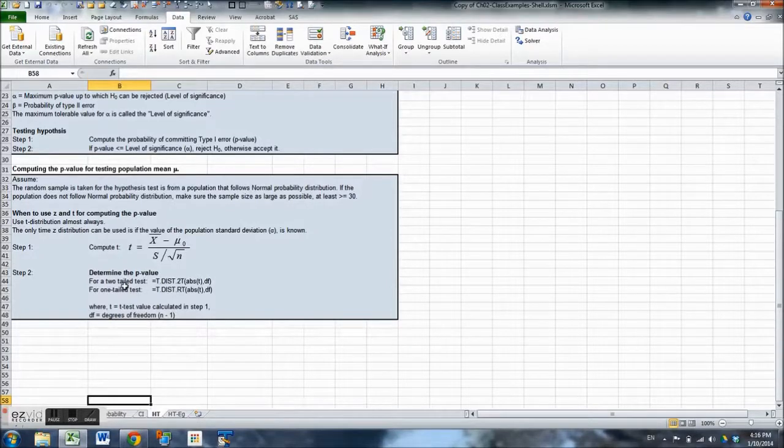If it is a two-tailed test, we will use T.DIST.2T, or if it is a one-tailed test, we will use T.DIST.RT. In either of these two cases, we will use the absolute value of the t that we calculate, and then of course we need to provide the degrees of freedom for either of these two functions. The degrees of freedom is given by n minus 1. And we'll look at a numerical example in the next tab.